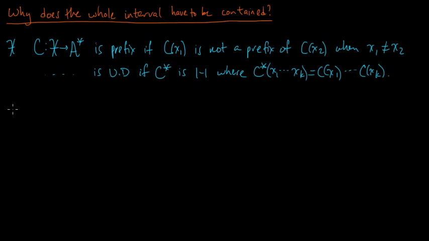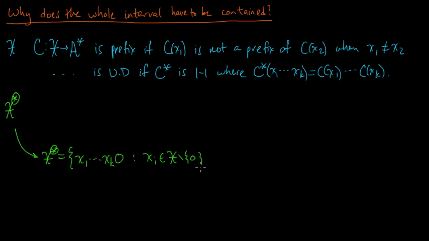Now it's basically the same thing, a special case of this, but now our source alphabet is going to be the set of all the possible messages, the message sequences that we're going to consider encoding. So this X star circle is the set of all these finite length sequences, x0 up to xk, where each of the xi's is in our source alphabet and non-zero.